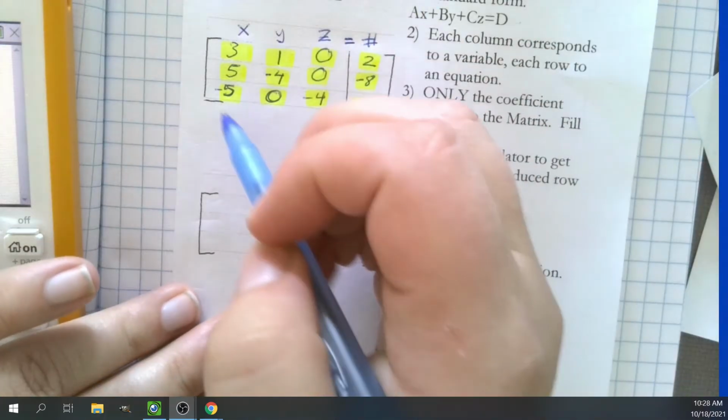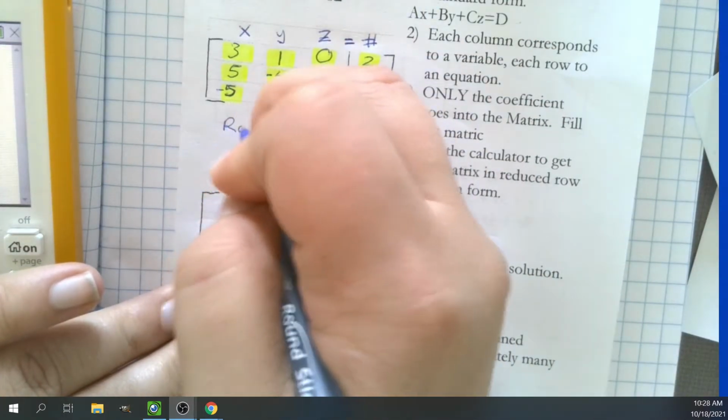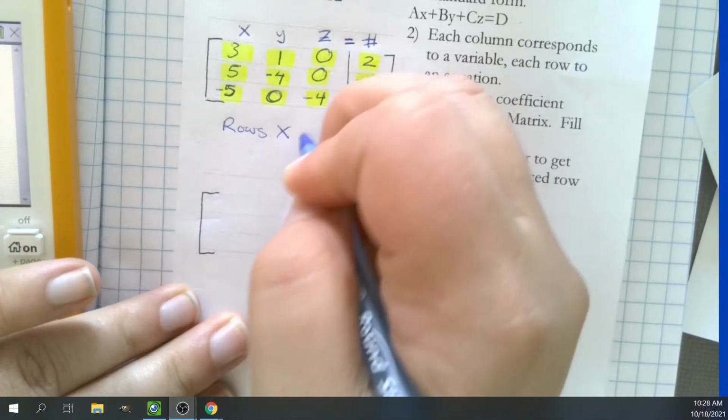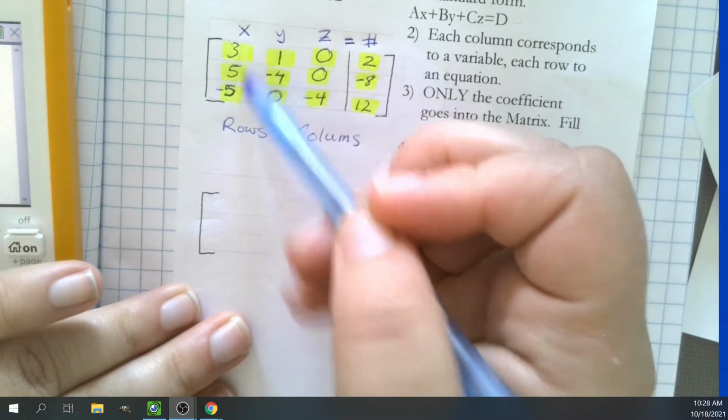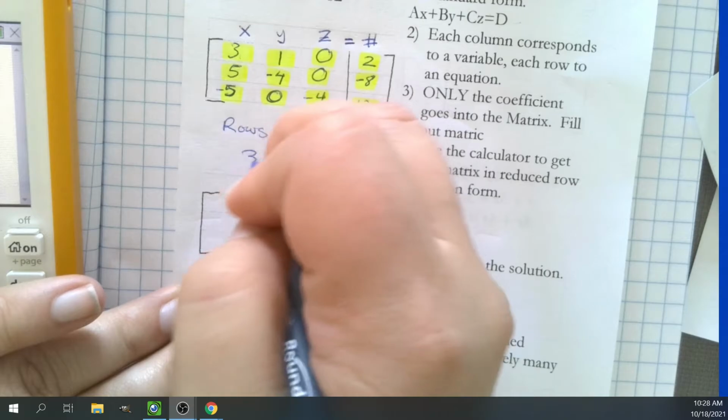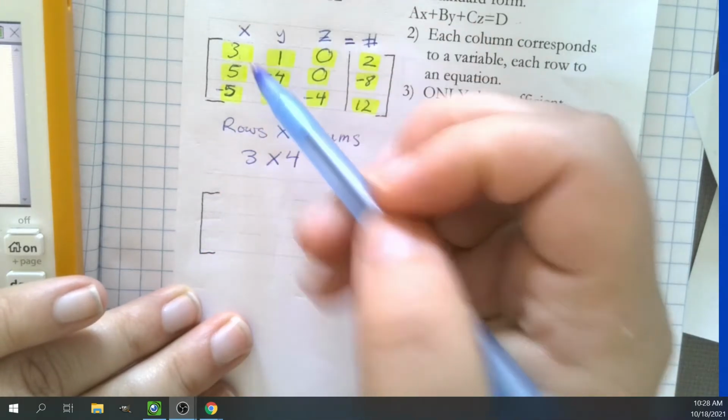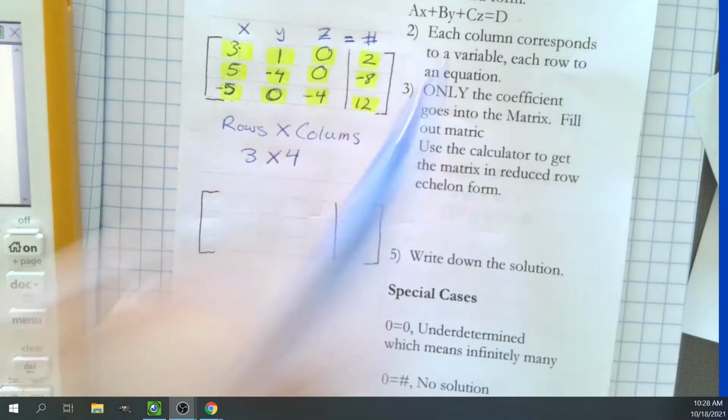So it's always going to be rows by columns. In this case, how many rows do we have? 3. No, we have 12. No, we have 3 rows. 1, 2, 3.